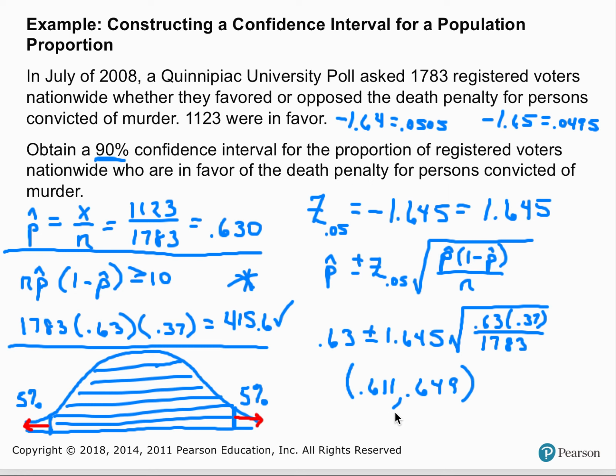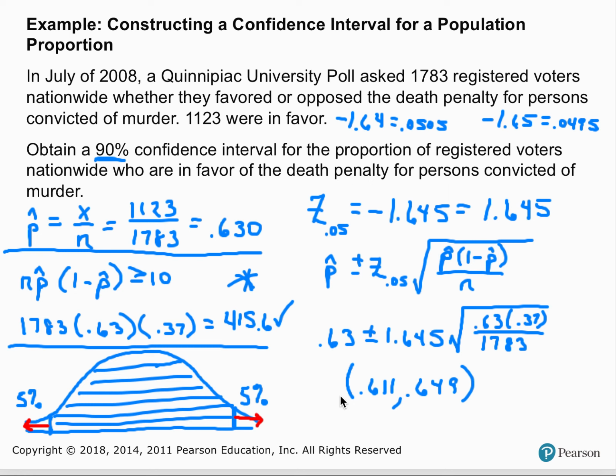It's important to remember the correct interpretation of a confidence interval. The statement 90% confident means that if, let's say, 1,000 samples of size 1783 are taken, take 90% of 1783, you get 1605. So we would expect 1605 intervals to contain the parameter, while 5% of the 1783 would not.